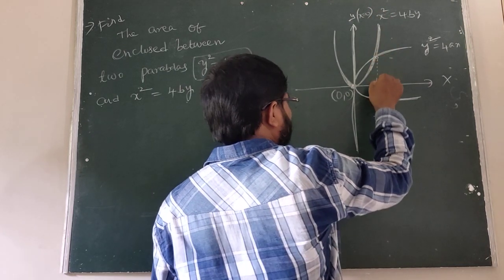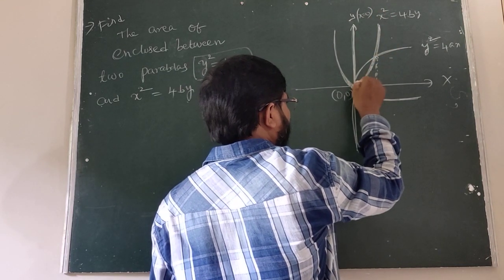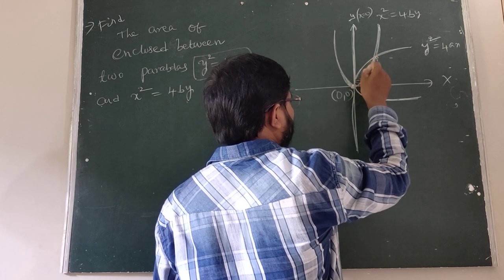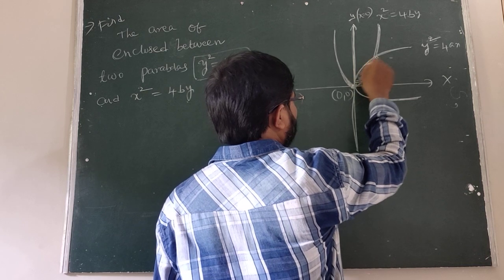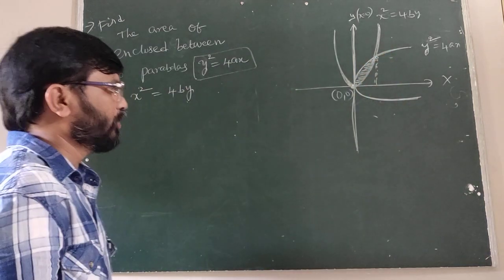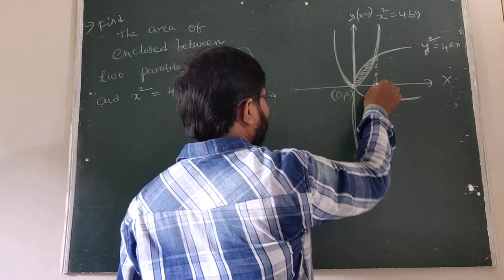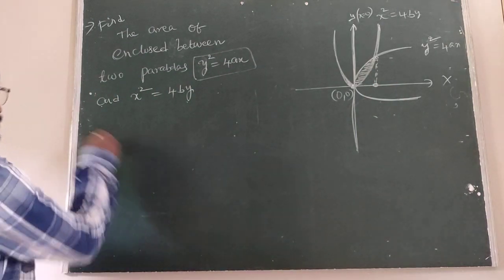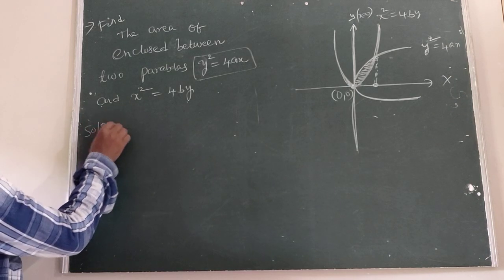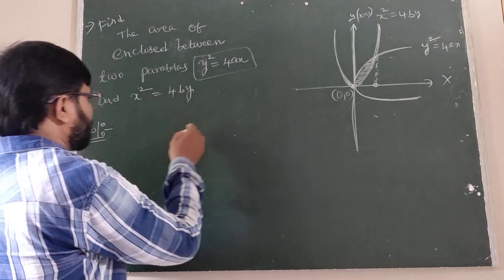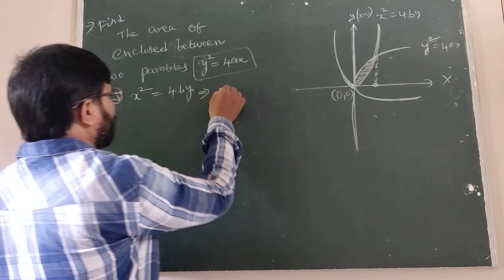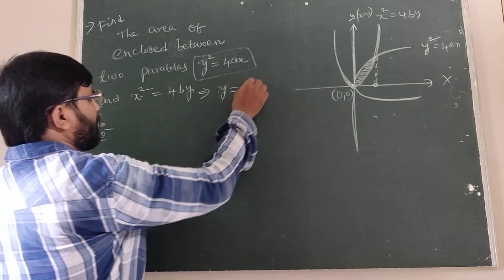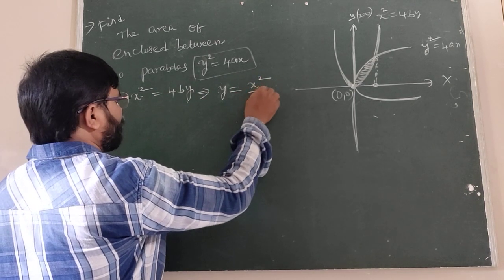Now we have to find the other boundary, and then find this area. How to find this? Sending to the other side, we get y equal to x square by 4b.